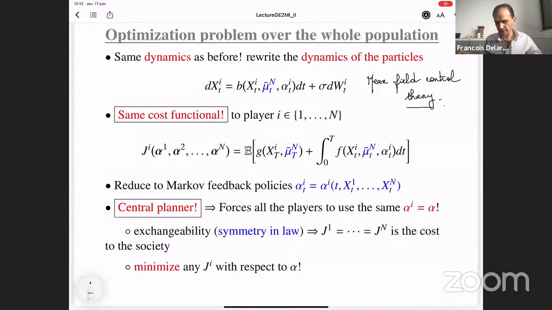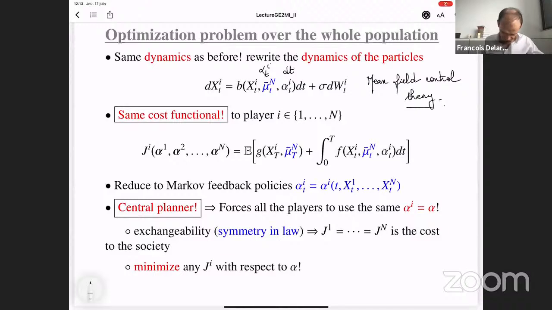And it corresponds to the case when the players, instead of being selfish or instead of being in competition, now they do cooperate. So there is a cooperation between the players. And so if you take the same example as the one we had before, let's say that the dynamics of one given player is this one.